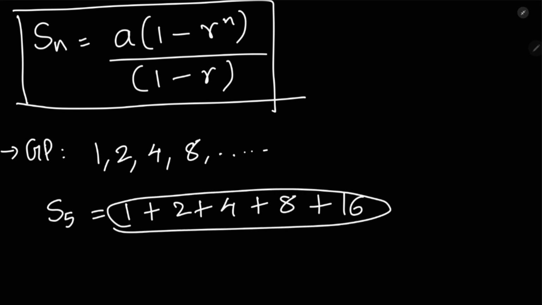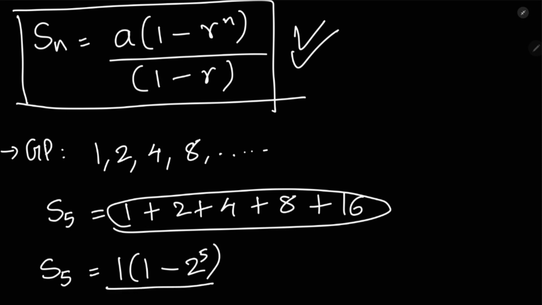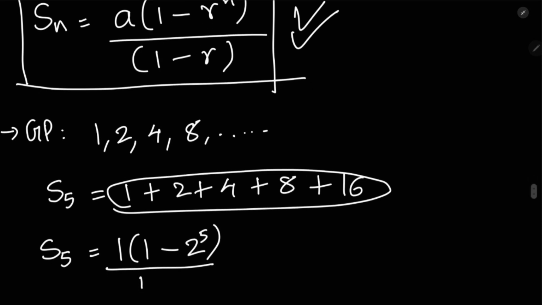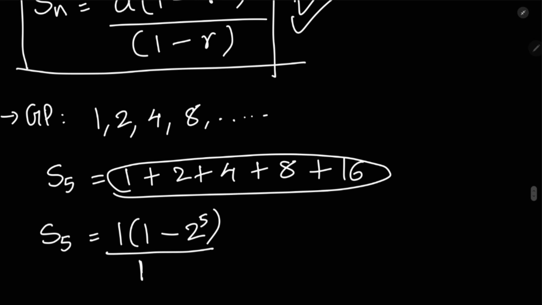So from this formula here, I can calculate this by taking a into 1 minus 2 power 5 divided by 1 minus r. So 1 minus 2. Because here this is our a and 2 is our r, the constant ratio.